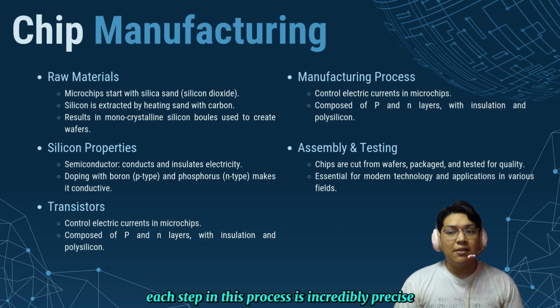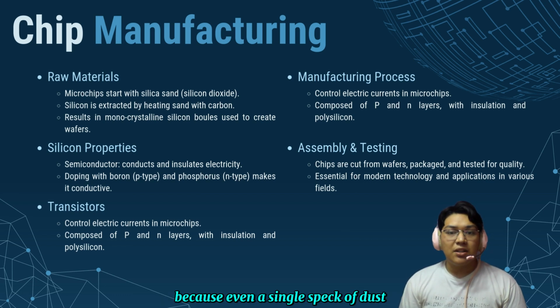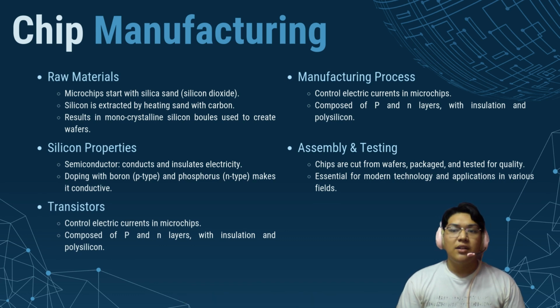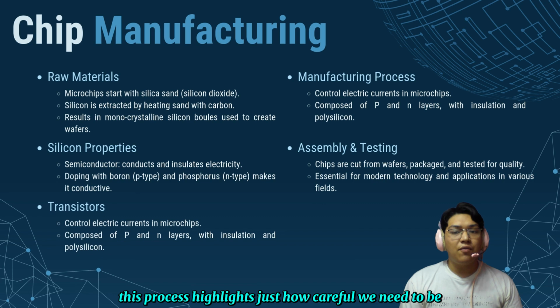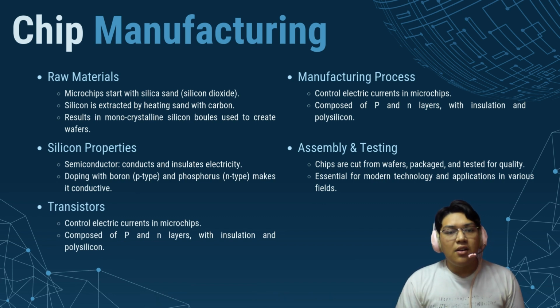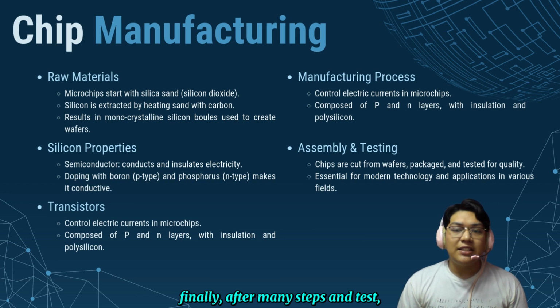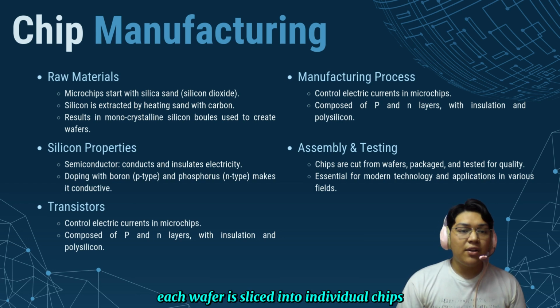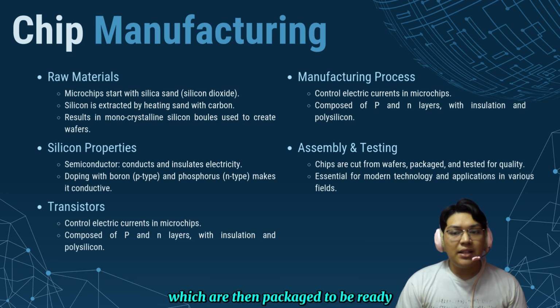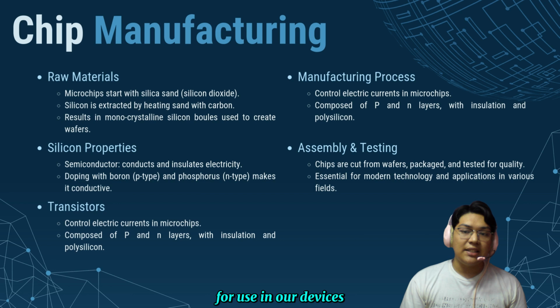Each step in this process is incredibly precise because even a single speck of dust can ruin a whole batch of chips. This process highlights just how careful we need to be to make the devices we use every day. Finally, after many steps and tests, each wafer is sliced into individual chips which are then packaged to be ready for use in our devices.